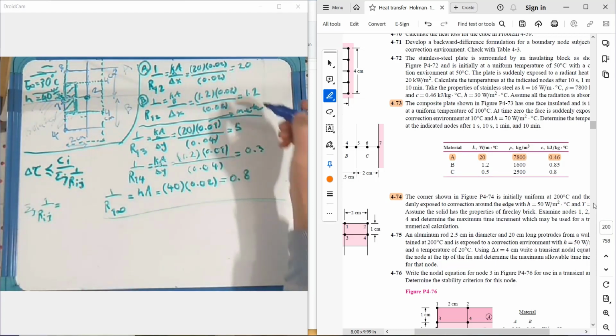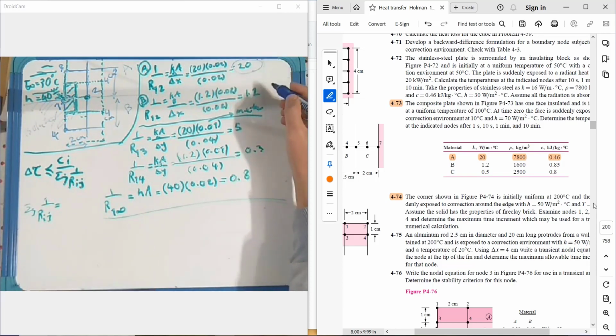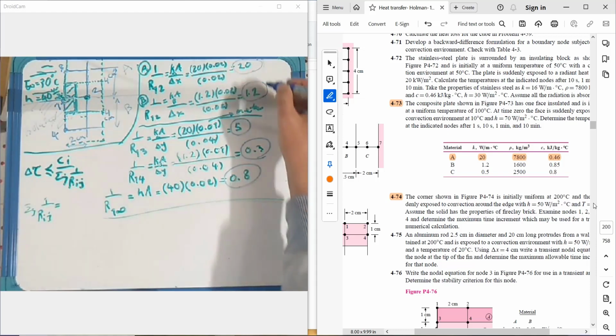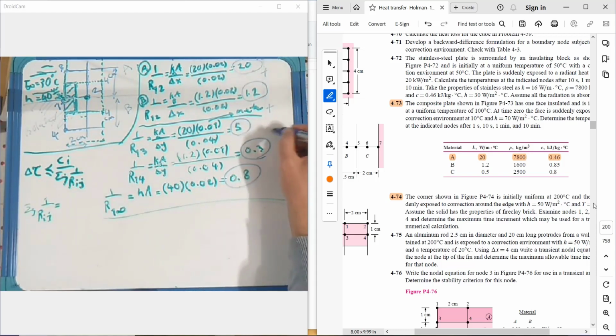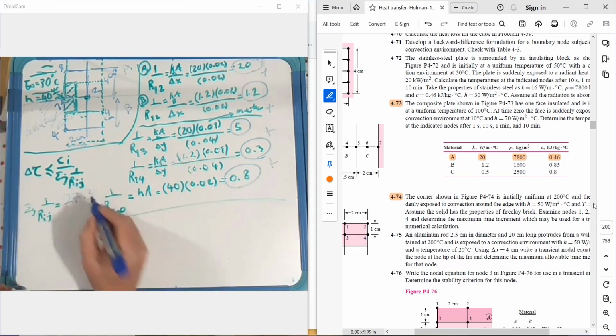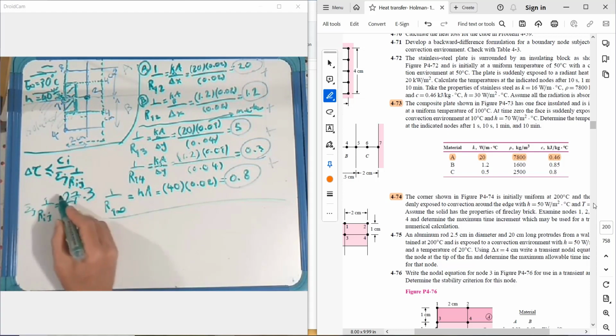If I add all of these values together, the answer would be 27.3. Let me write it again with another color: 27.3. So this is good.